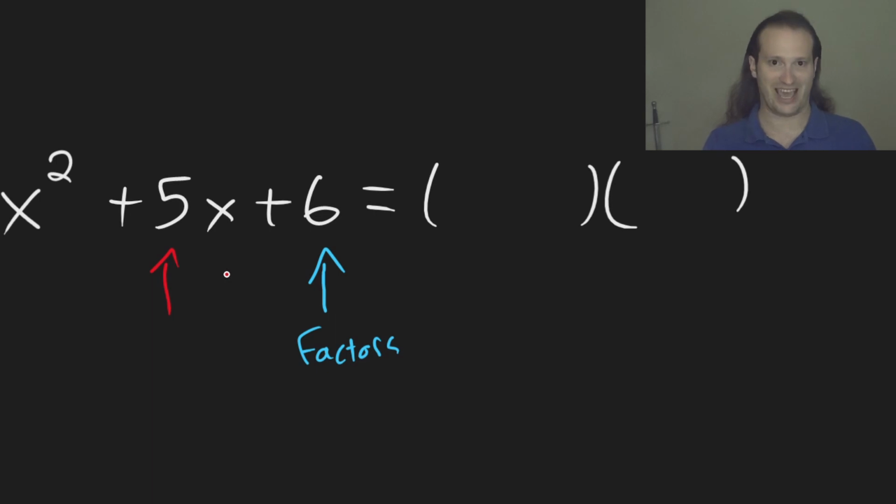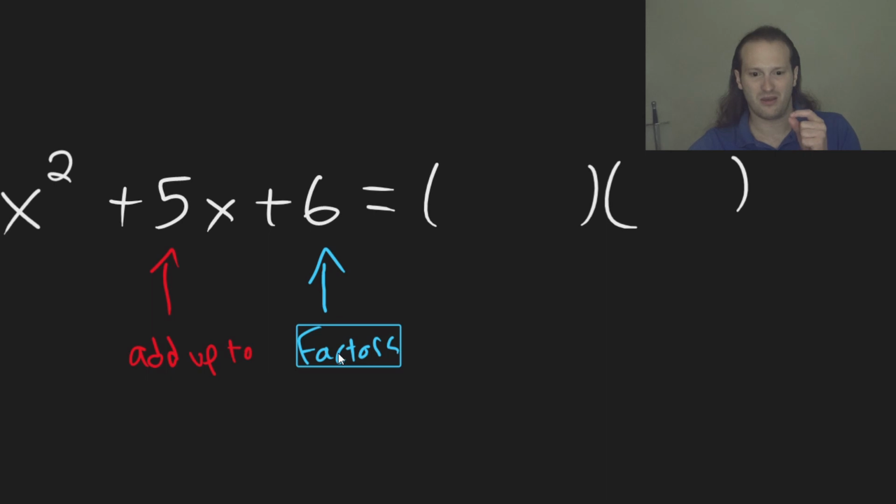I think they're called addends, but I'm not going to make you memorize that. Add up to, I think that's easier. This is how I learned it, at least. Two numbers that multiply to this, that add up to this.